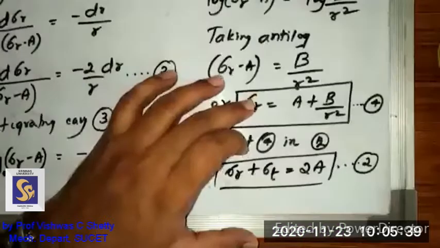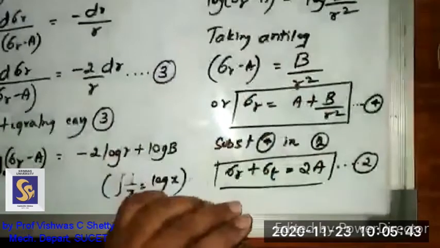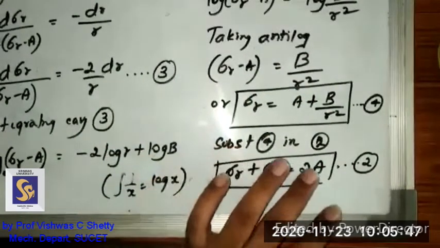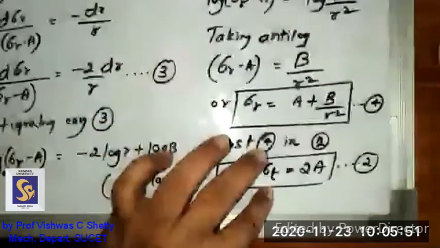So you are getting sigma r as a plus b by r square. Substitute that in equation 2. If you substitute this sigma r value here, you will get the sigma t value.